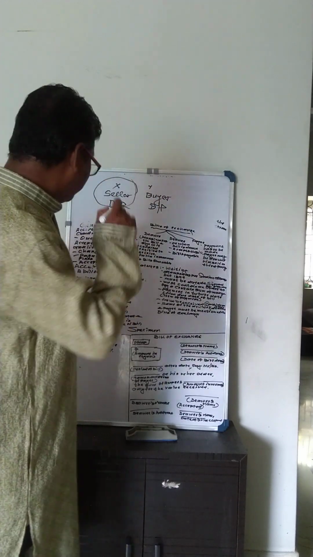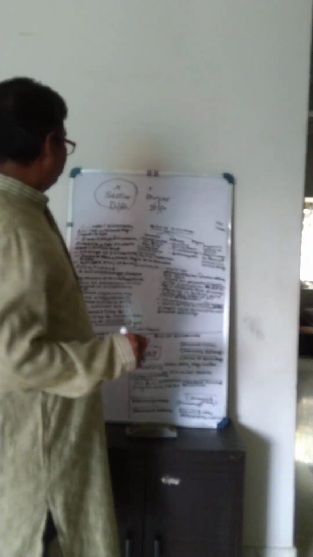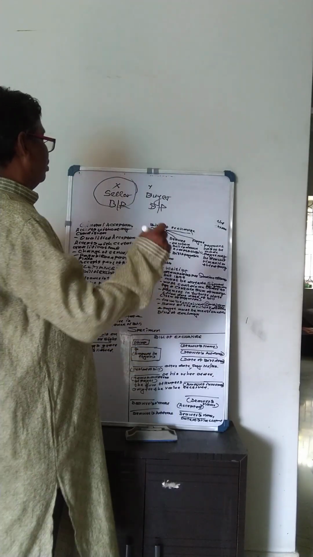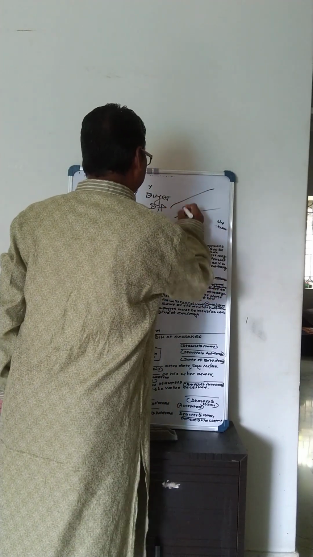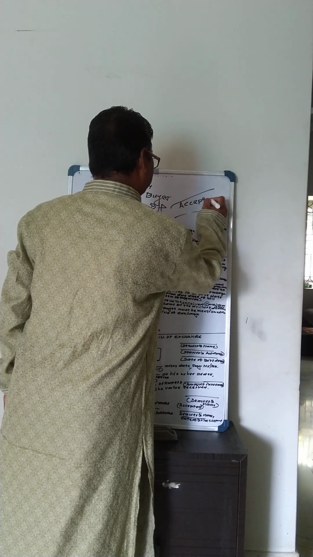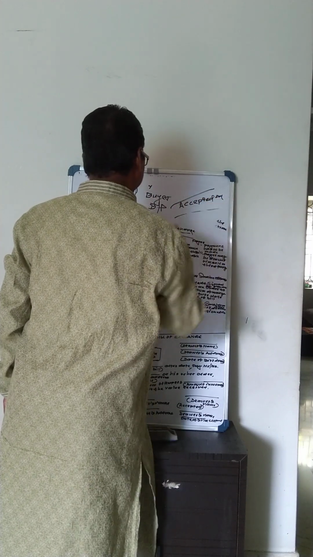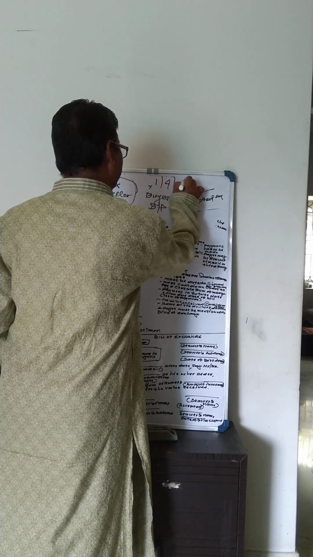When the drawer draws the bill, if the drawee wants to accept the bill, within two parallel transverse lines, he will write accepted. He can put the date of acceptance. Suppose the bill is drawn on 1st April 2023.